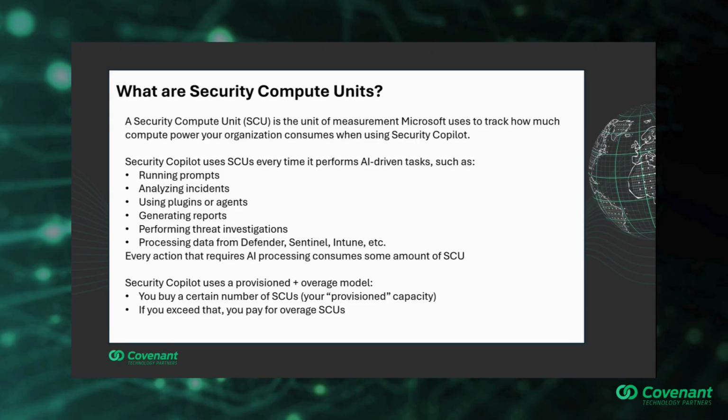This is important, and it still applies to that announcement that Security Copilot is available with an E5 license. Note that today, if you exceed the compute units, there is an overage charge.